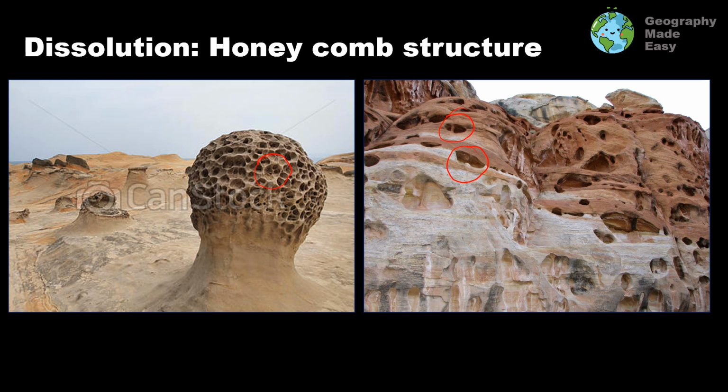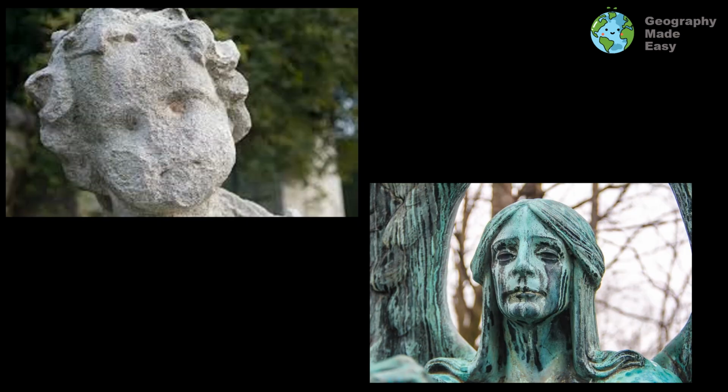Mostly this is a desert area, as we have seen in the examples, and so when there is a flash flood or when there is scanty rainfall, whenever rainwater falls on these structures, we can see that the soluble minerals get dissolved and now we have these empty spaces. These are two more examples of dissolution, chemical weathering taking place.